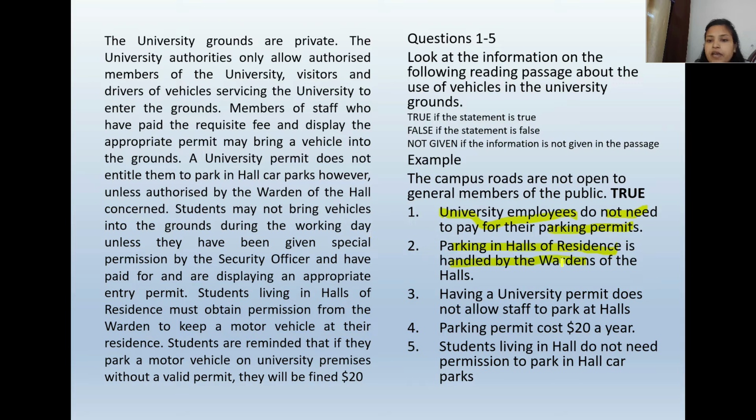These are keywords. Having a university permit doesn't allow staff to park. Whom to park? Staff to park with university permit. Okay, parking permit costs $20 a year. Permit cost. Students living in hall do not need permission to park in hall car park. Who needs permission? Student. Okay, so let's read the passage.